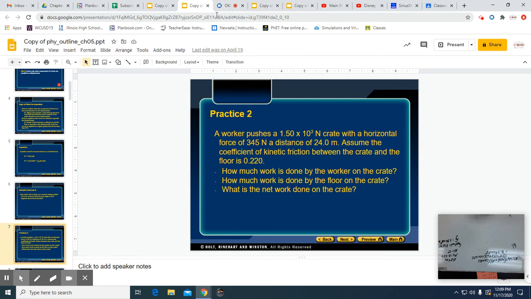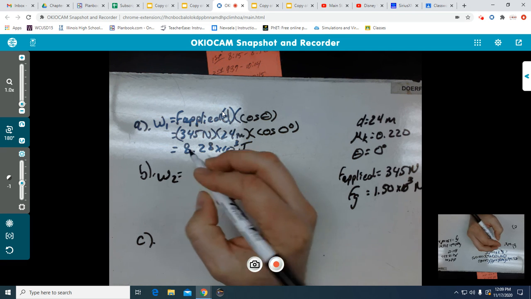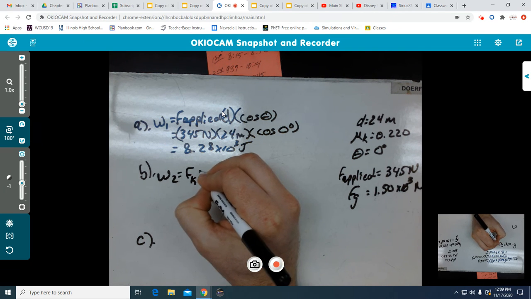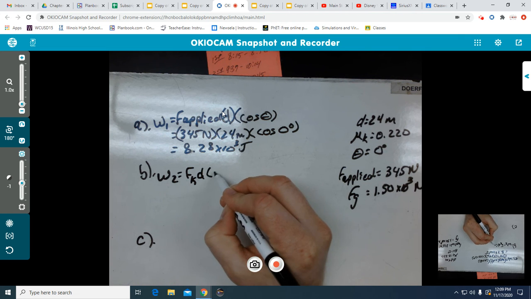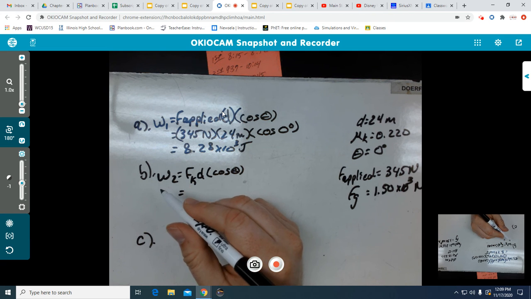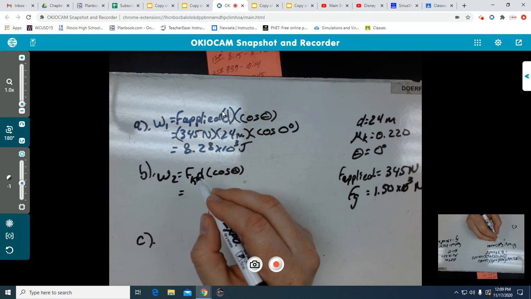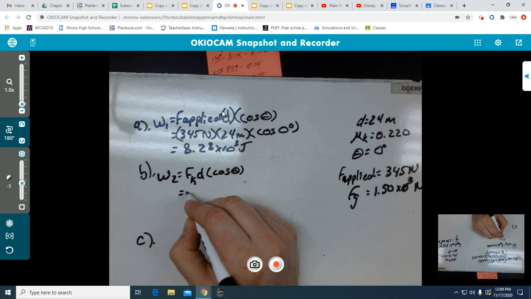Part B wants us to determine how much work is done by the floor on the crate. Okay, so this is now going to go into those other formulas that we saw a few slides back. So call this W2 because we're talking about the floor on the crate. So this one's going to be Fk times displacement times cosine of theta. But remember that this is going to be working in the opposite direction of the actual force because this is a frictional situation.